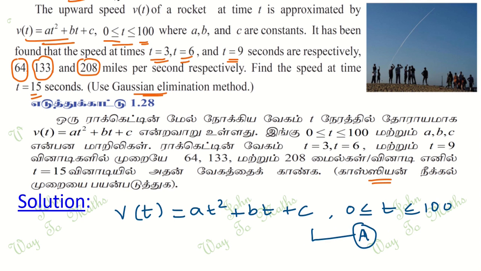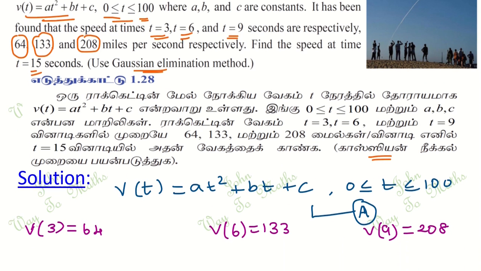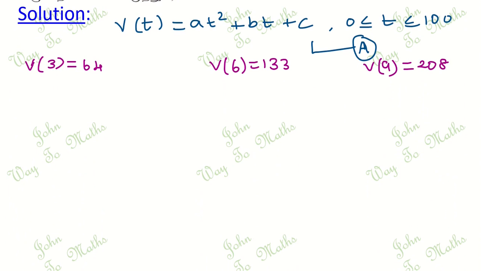Next I'm going to take v of 3 is equal to 64, v of 6 is equal to 133, v of 9 is equal to 208. Here I'm going to substitute in equation number A. So t is equal to 3.